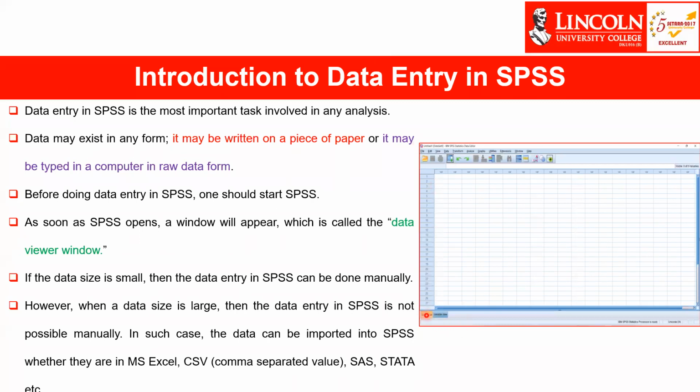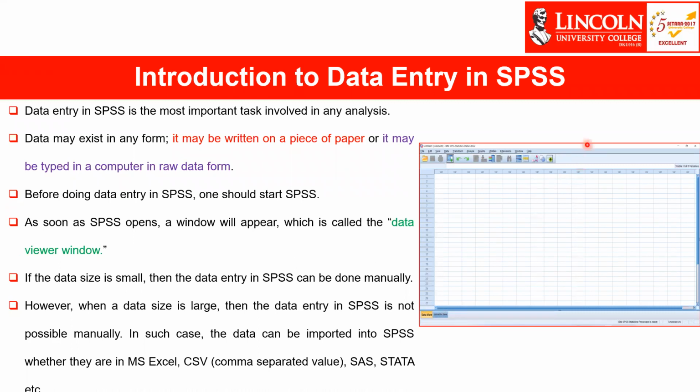Data view window is where you input your values to your variables, while the variable view window is where you define your research variables. Okay, we have gone through the process of doing that last week, and again we are going to see more about that in today's class.